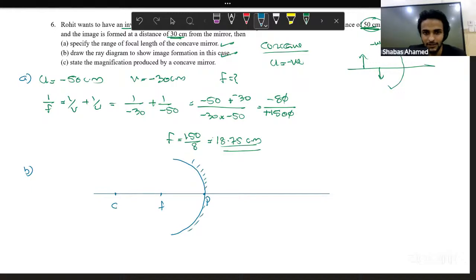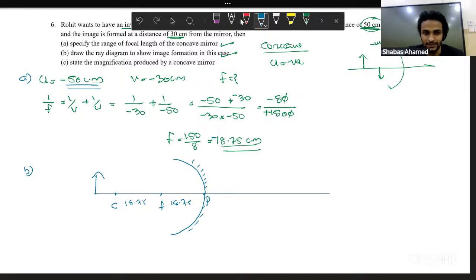It will be negative 18.75. The object is placed at 50 centimeter, which means it is behind C. This distance is 18.75, and again 18.75, so the total distance to C will be equal to 37.5. But the object distance is 50.